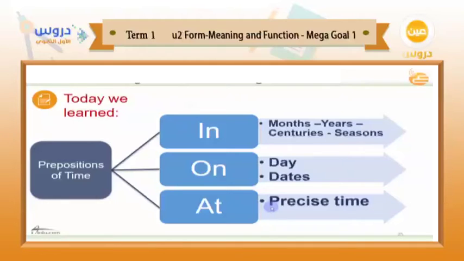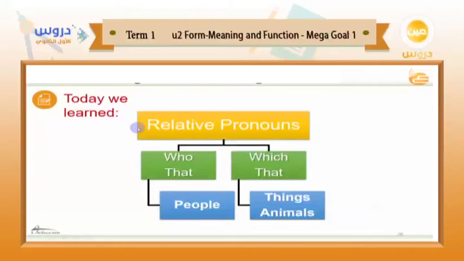Okay? Precise time with at, days and dates with on, months, year, century, season comes with in. And for the relative pronouns, who, that comes with people, which, that comes with things, and animals.